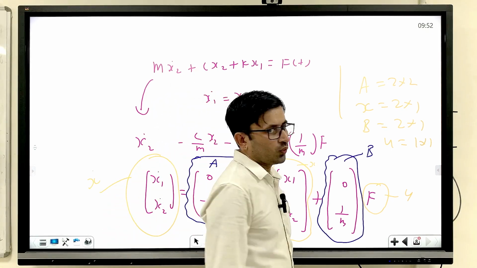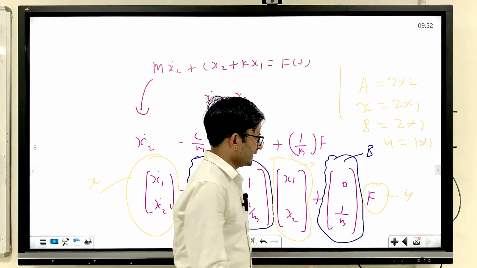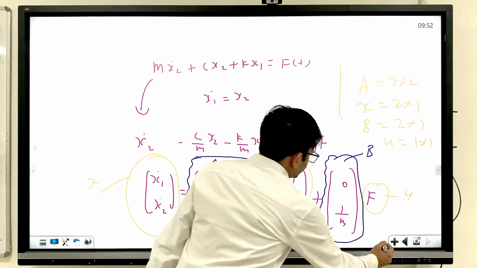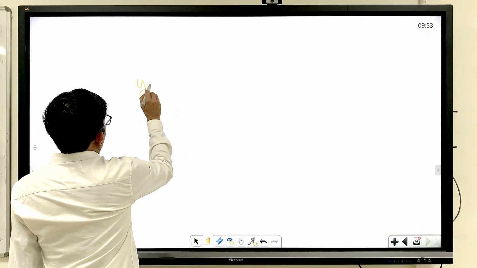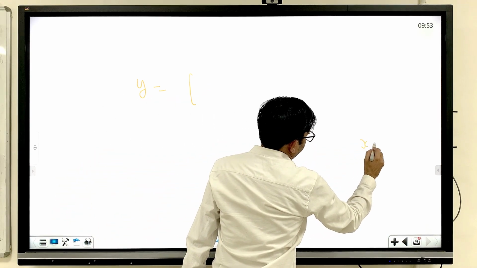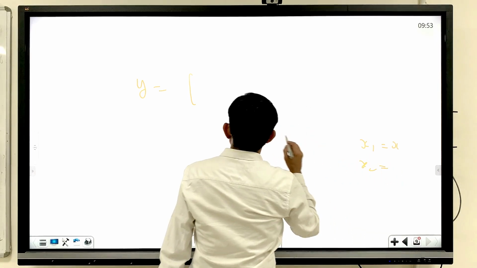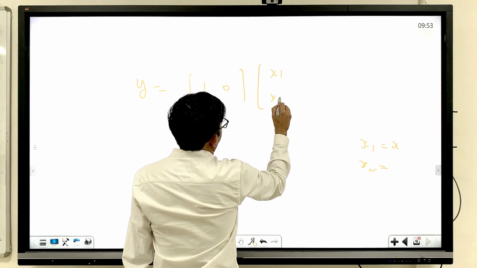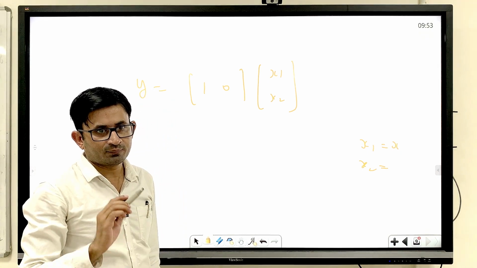Now what you want to control decides your Y matrix. Let's say I want to control my position. So what will I write? I will write Y equal to, what is x1? Position. x2 is velocity. So I want to control my position.